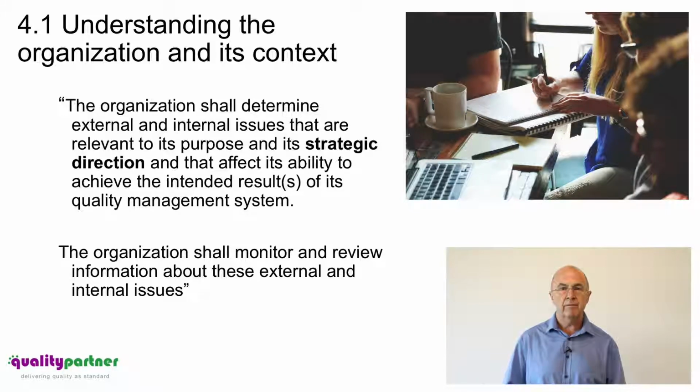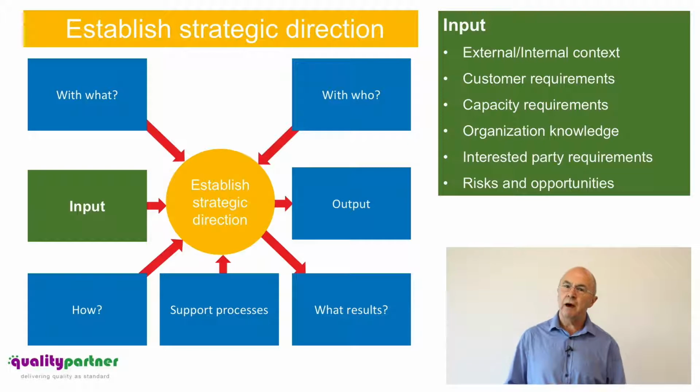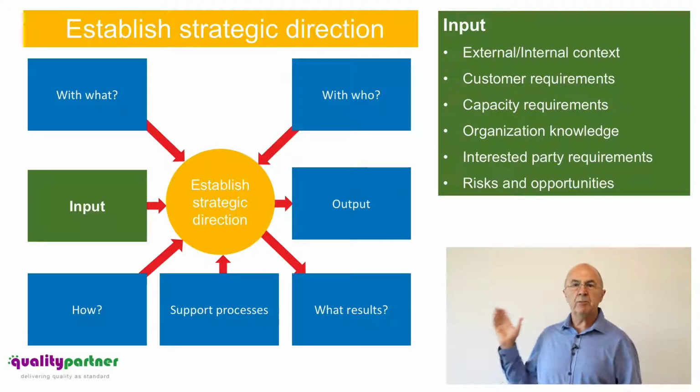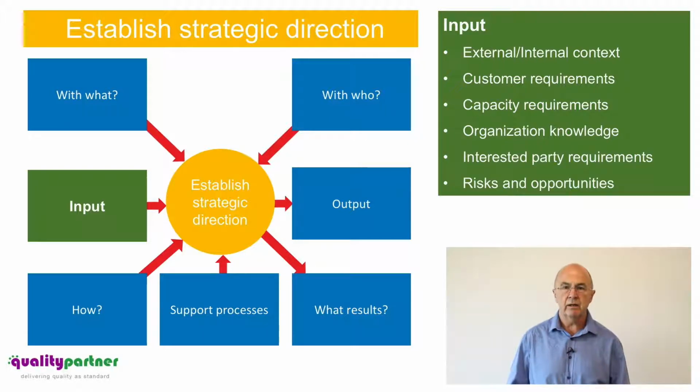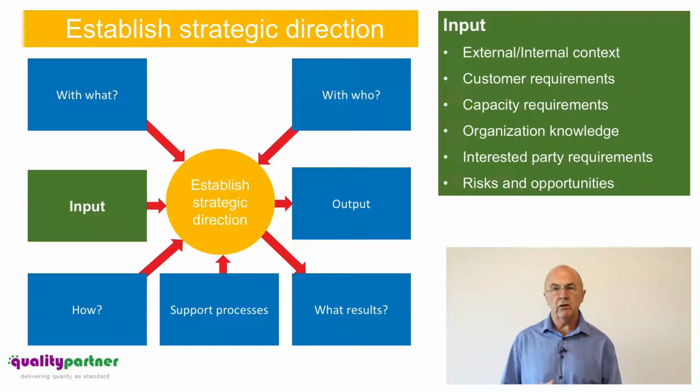So this is a requirement that top management are going to have to address within the scope of the quality management system. Now let's take a look at what ISO mean by establishing the strategic direction. To do this, we're going to use the turtle diagram. The key inputs into establishing the organisation's strategic direction could include the external and the internal context in which the organisation operates. We're going to take a look at that in a bit more detail in a minute.